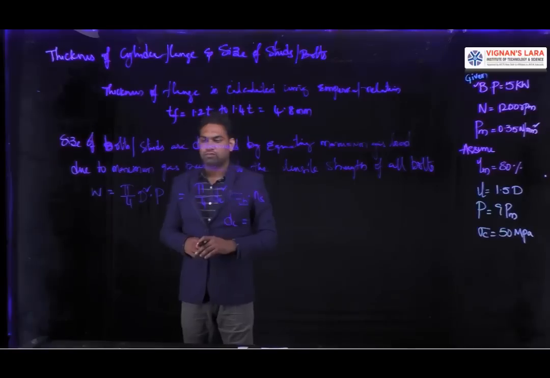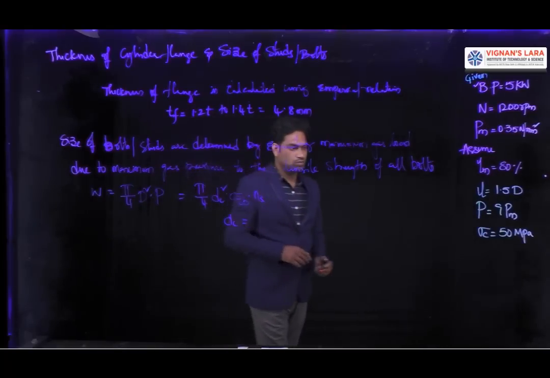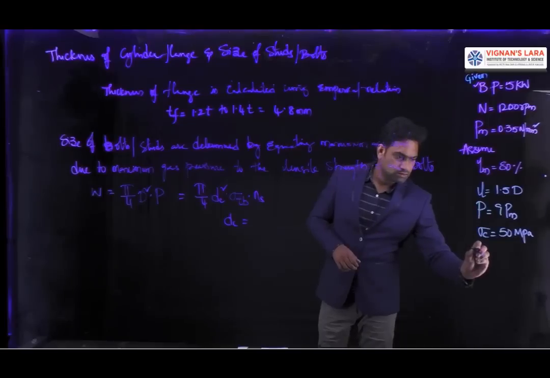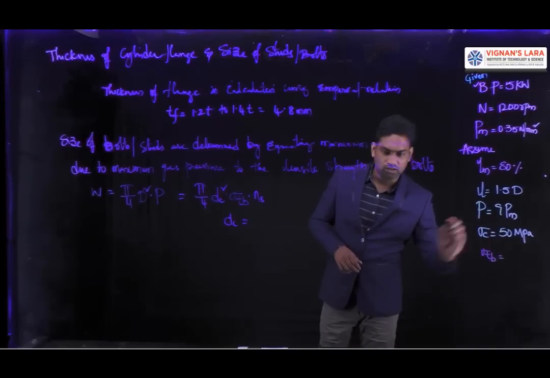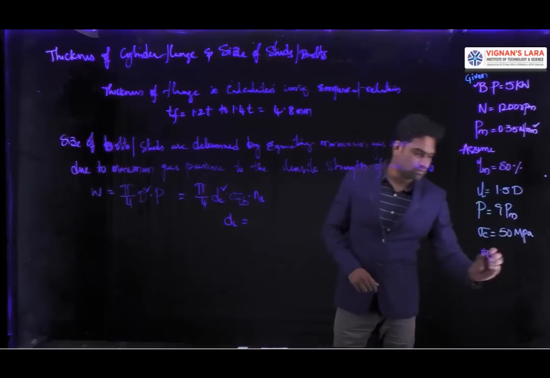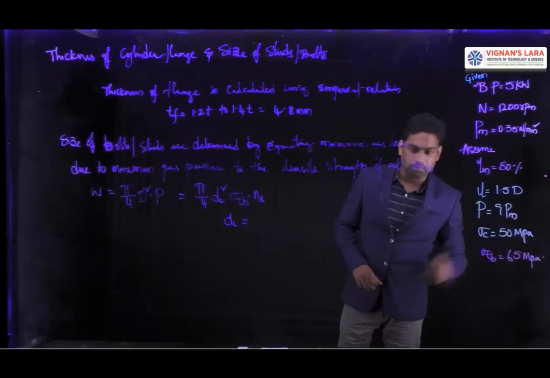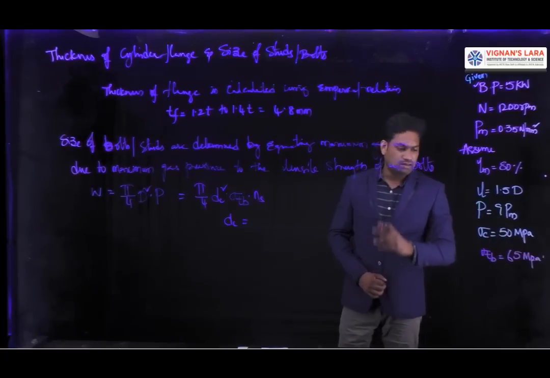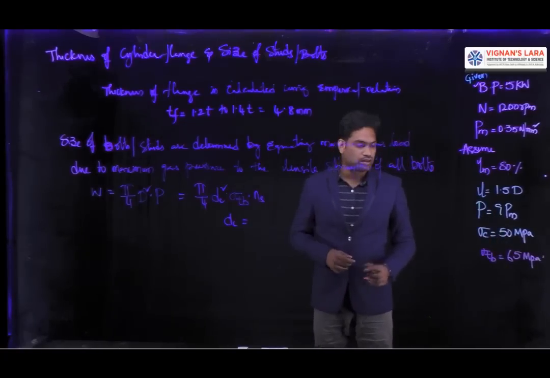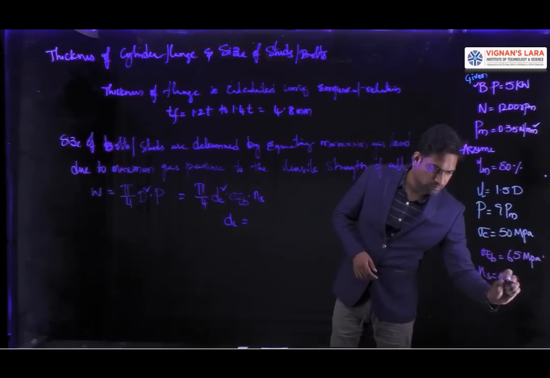So here the diameter of cylinder, capital D, is known, and maximum gas pressure is taken, and then sigma TB is not given in the data. So here I can again assume the tensile strength of bolts, sigma TB, as 65 megapascal. Clear? And then NS is also not given, so you can take NS as 0.01 D plus 4.